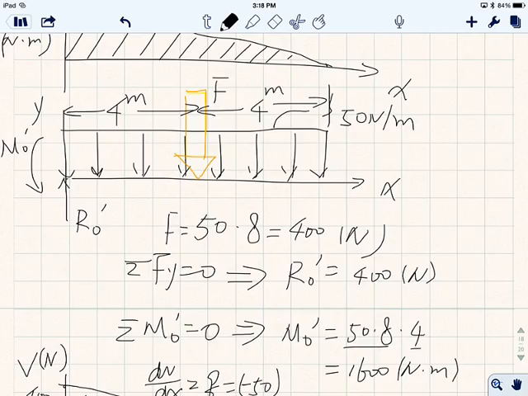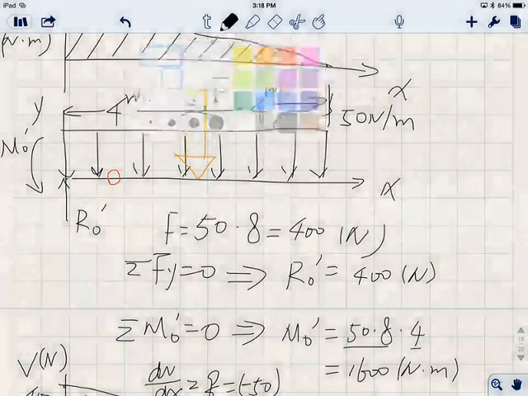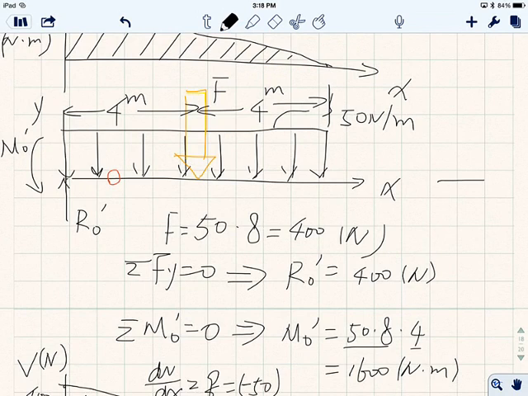If we look at any point, for example, over here, you have a force going up, and you have a bending moment going downwards, right? So at this point, you are going to have a force going down, and you're going to have a bending moment going clockwise to compensate for that, right?